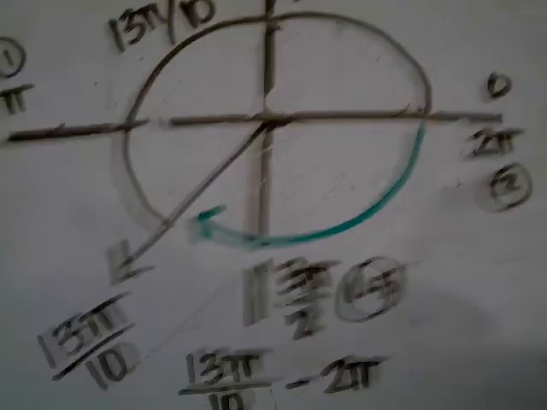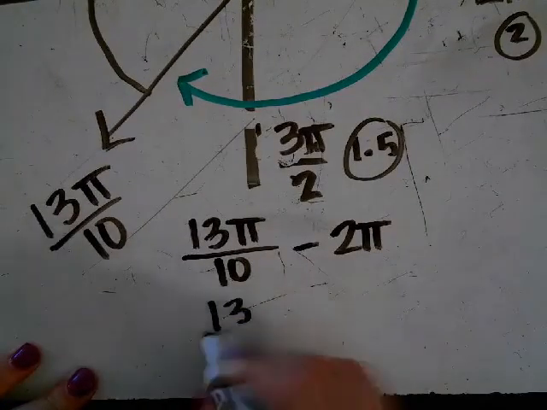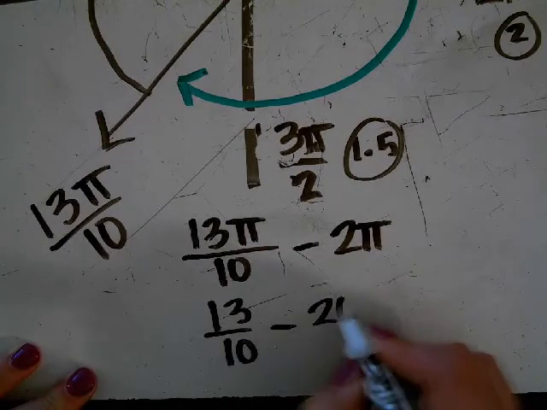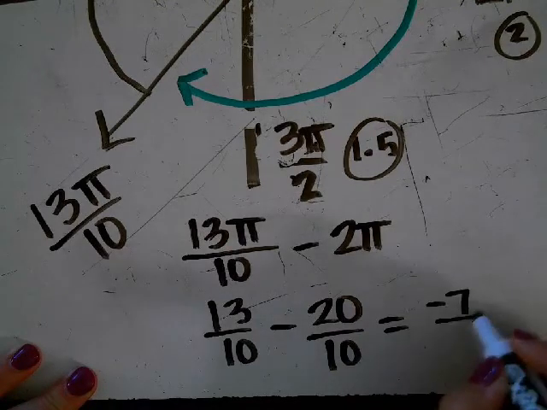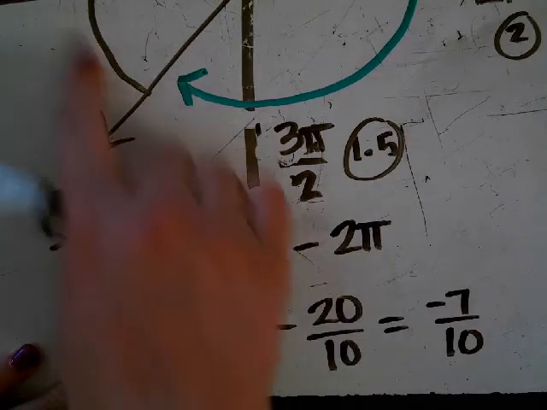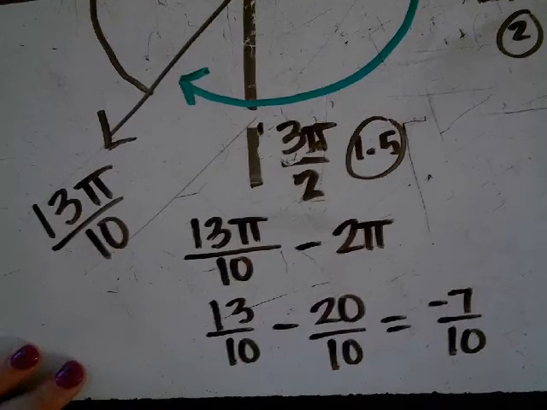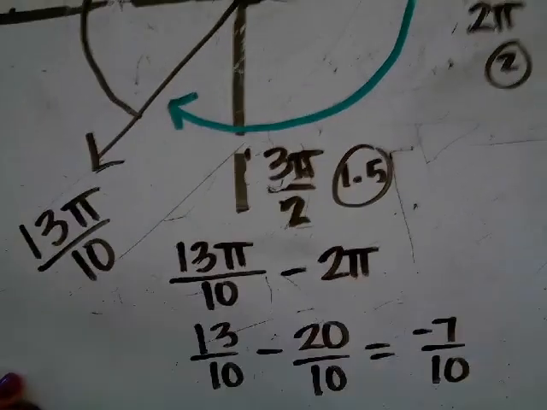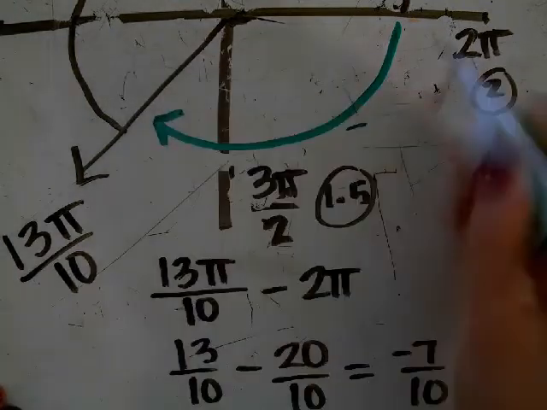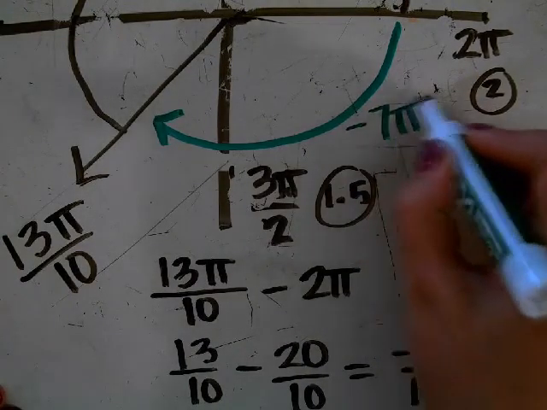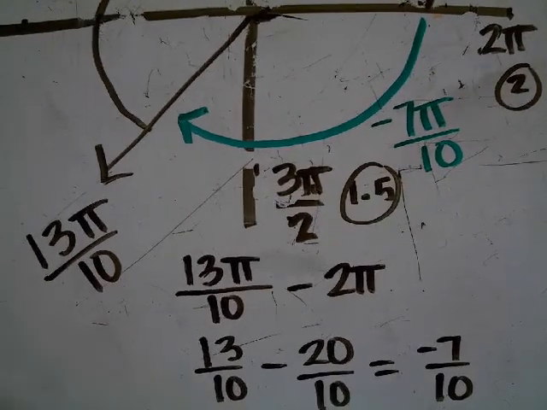And what do I get? Negative 7 tenths. And does that fit if this is 3 tenths right here? Does it make sense that we have 7 tenths left over? Okay, so that angle right there is the negative angle that is in the same position. It's in the same position, but it's just measured negatively. That's negative 7 pi tenths. So we say, okay, a coterminal angle is negative 7 pi tenths. They are equivalent. They just look different, but they're in the same spot.